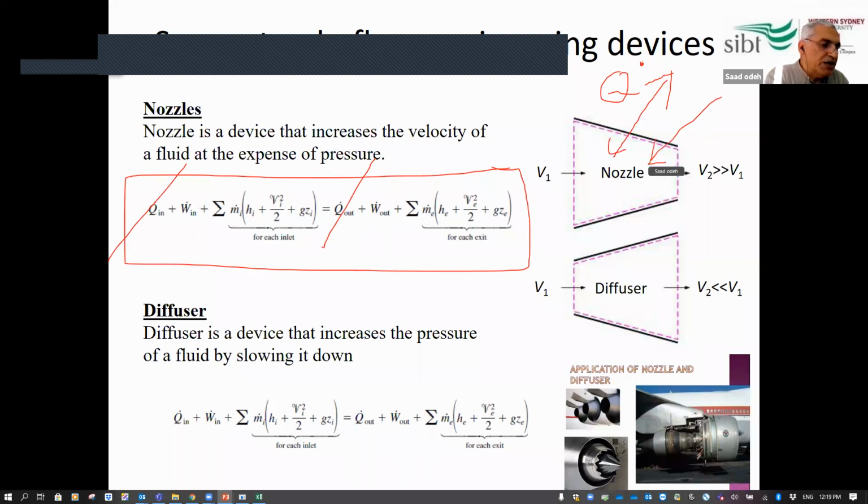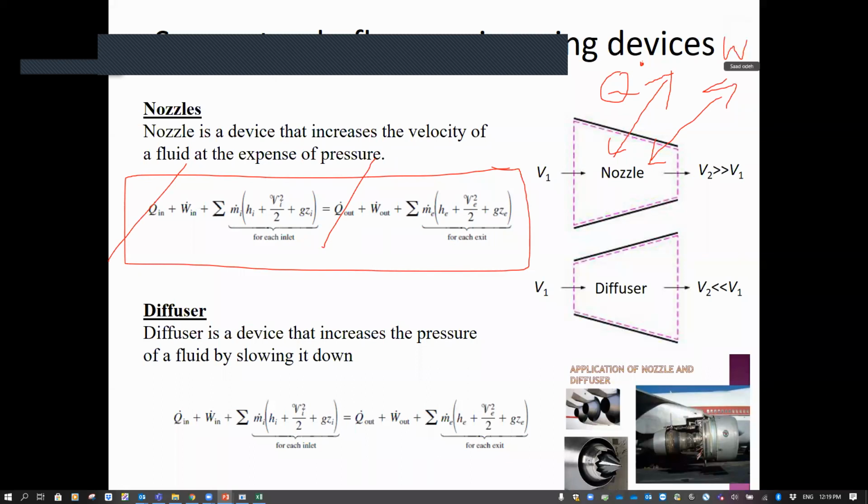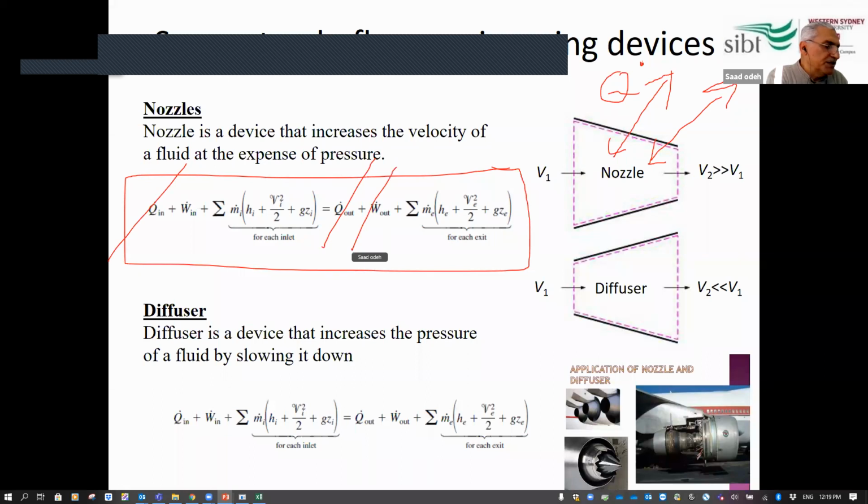Do we have shaft work, like a shaft taking work from the system or input work to the system? No, correct? So we can remove these two terms also. If I take the inlet and the exit, are they at different levels? Is there a Z between them, like a difference in height?